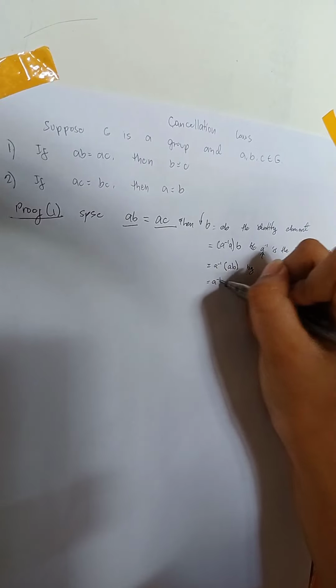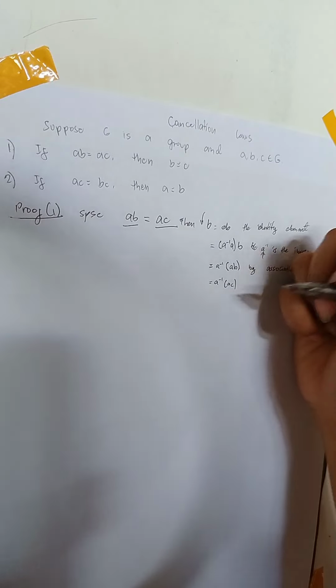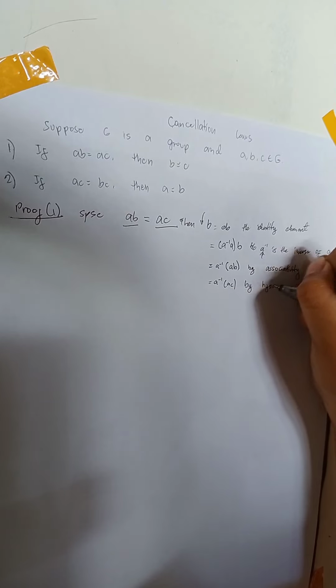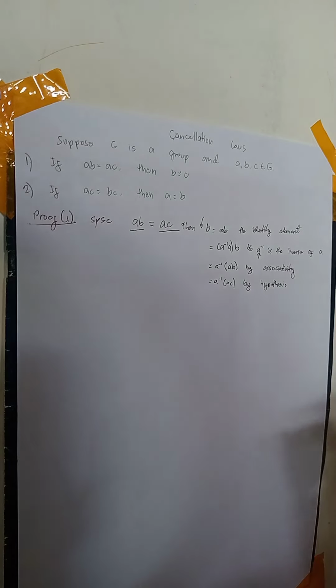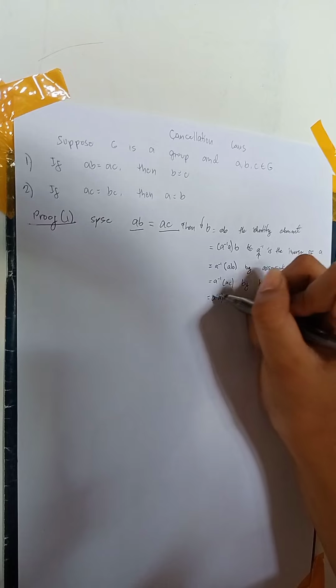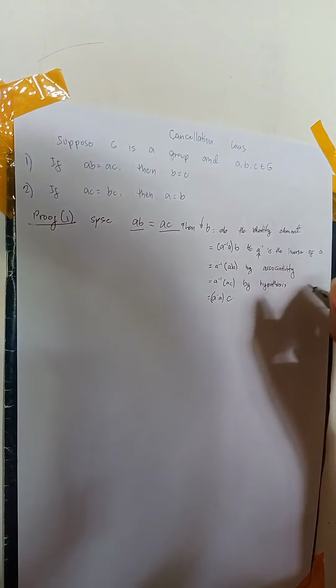So this is A inverse times parenthesis AC, by hypothesis. And then we can use associativity one more time and write this as A inverse A times C. This is by associativity.